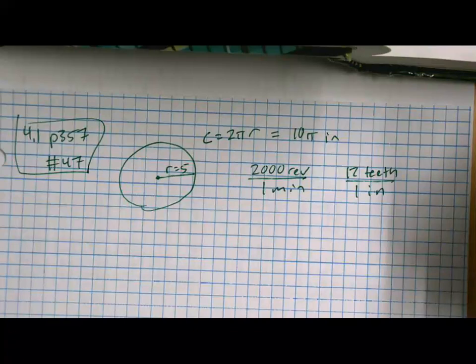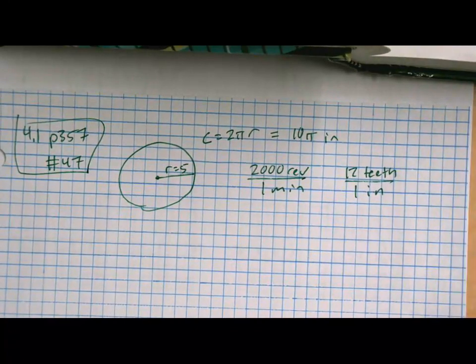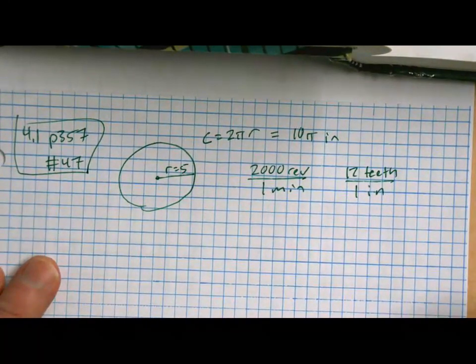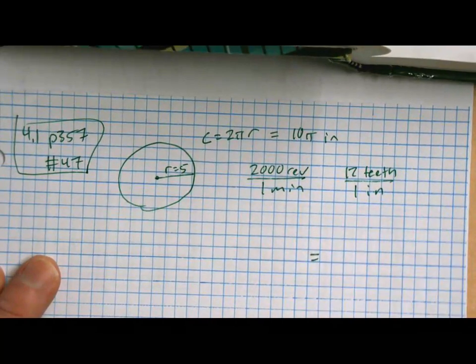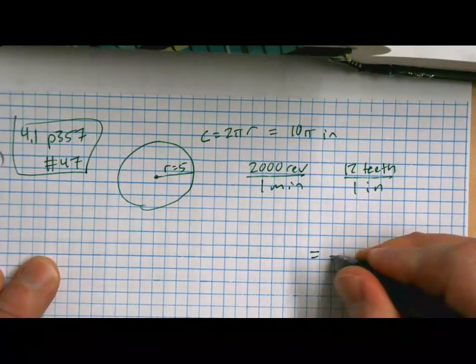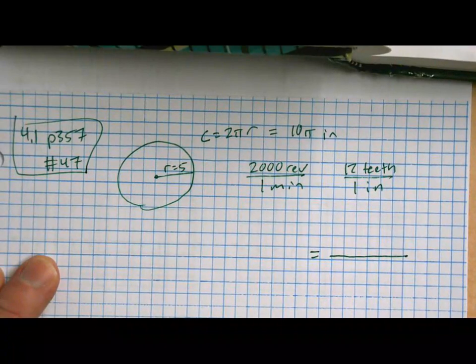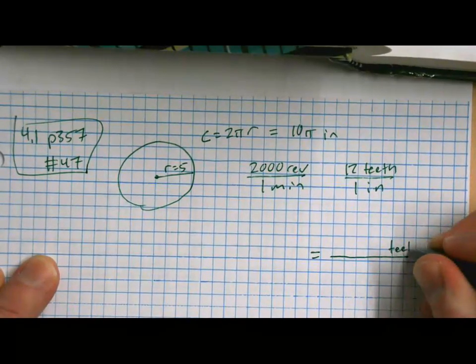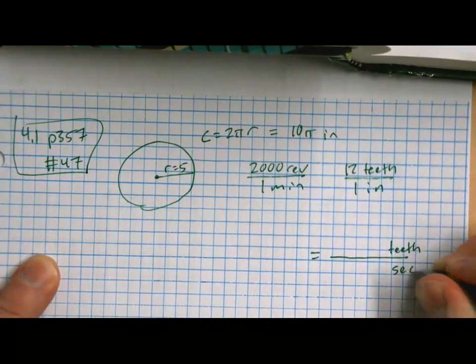And then it says how many teeth cross the cutting surface each second. So I am going to try and do a conversion problem where my final units end up being how many teeth cross the cutting surface per second.